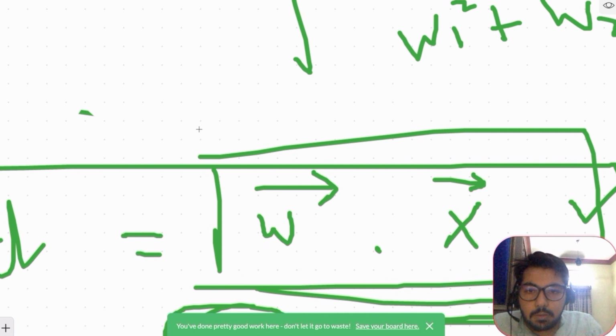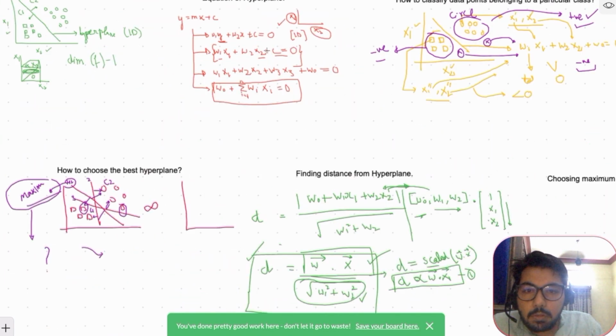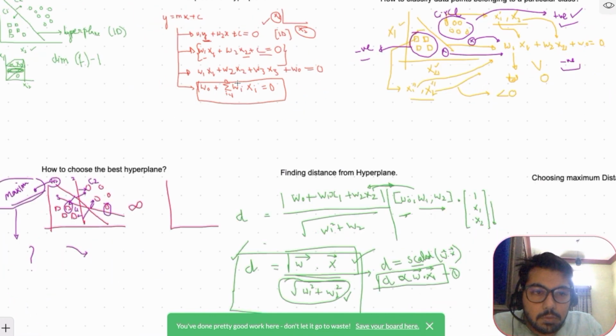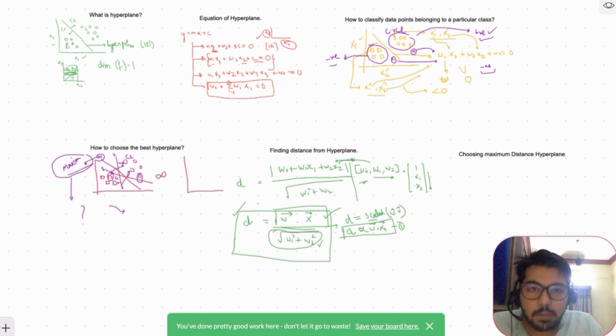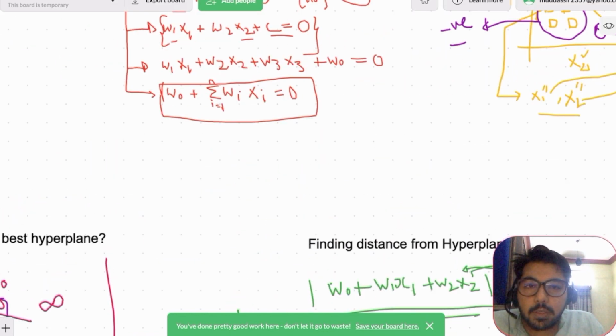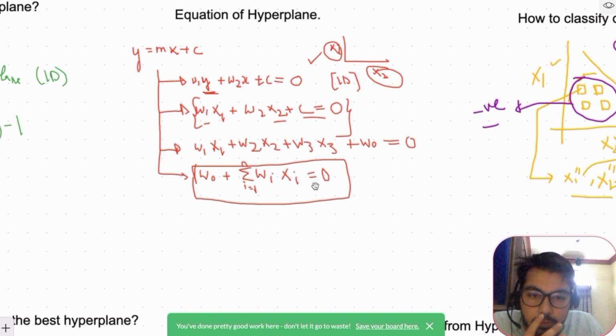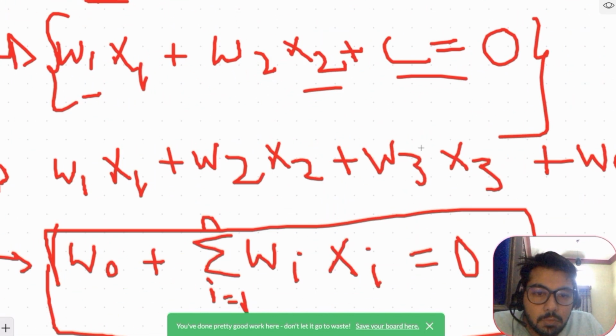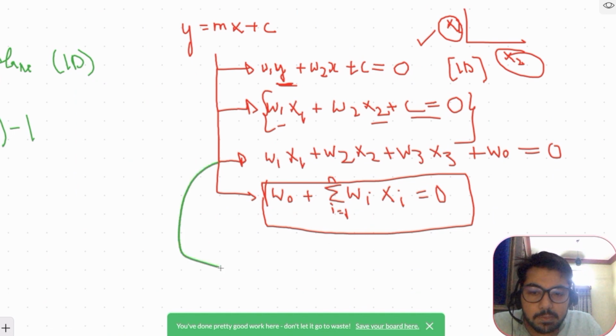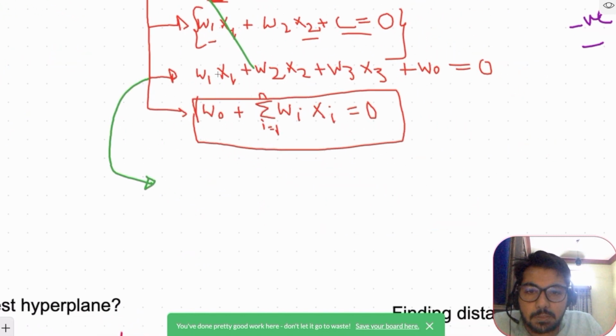So let me move back to this equation. This is the equation of the hyperplane, so we can simply write it as the scalar product of the w vector and the x vector.